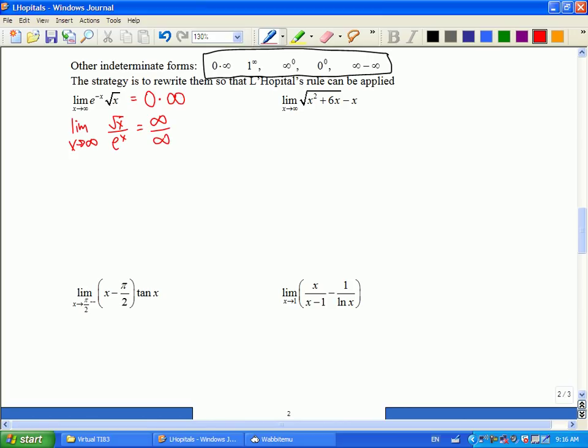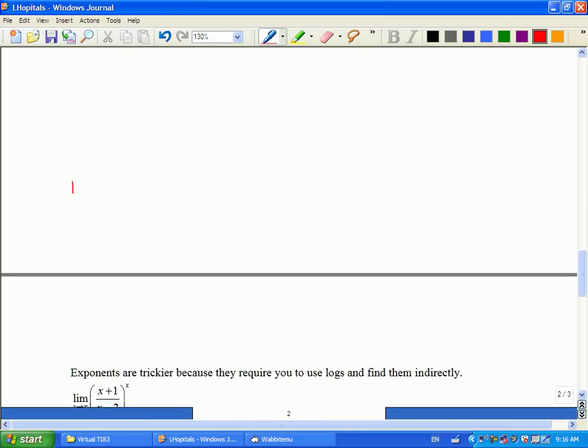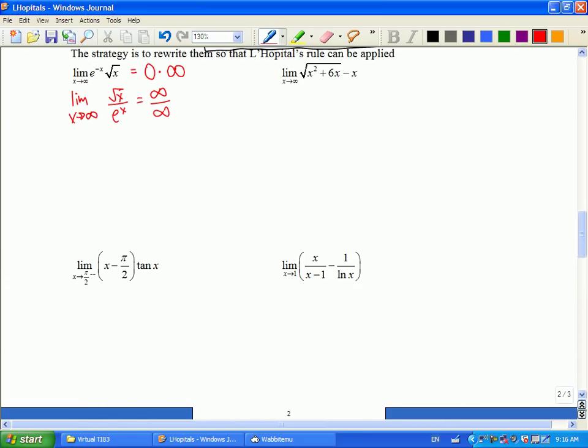So that means I'm able to apply L'Hopital's rule, and I'm going to have the limit as x goes to infinity of 1 over 2 root x, and the bottom will be still e to the x.